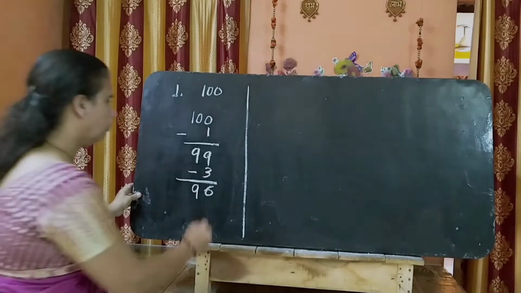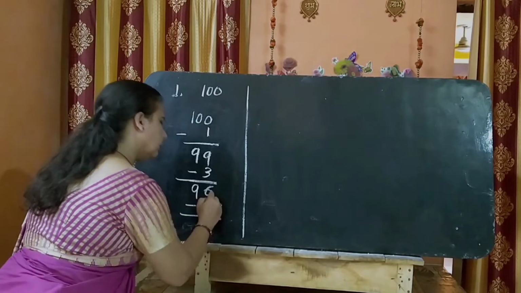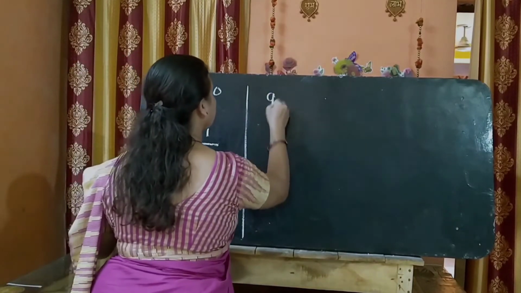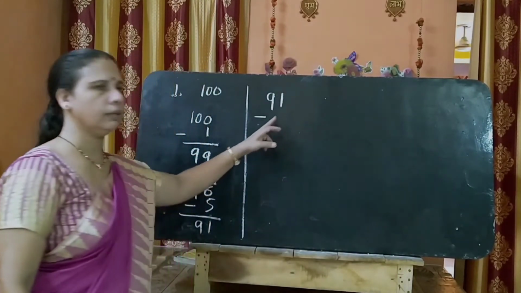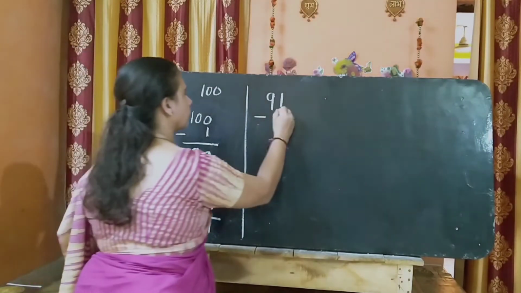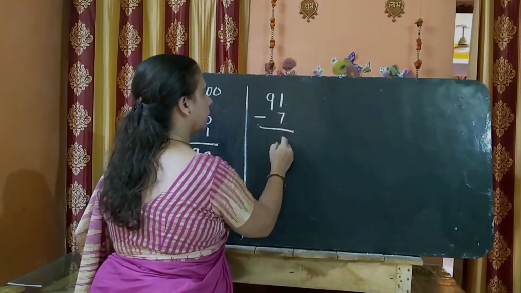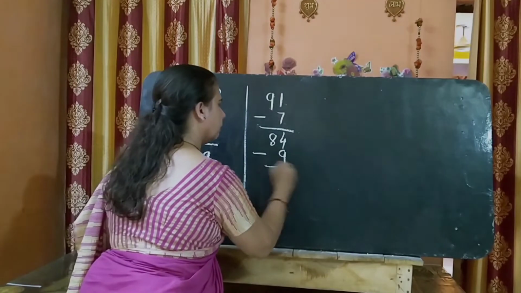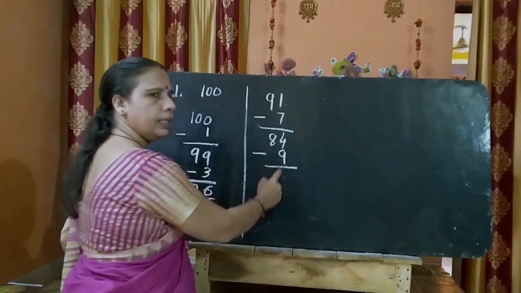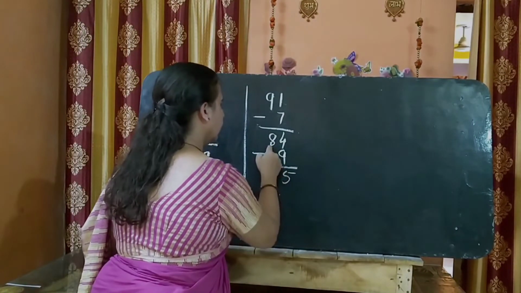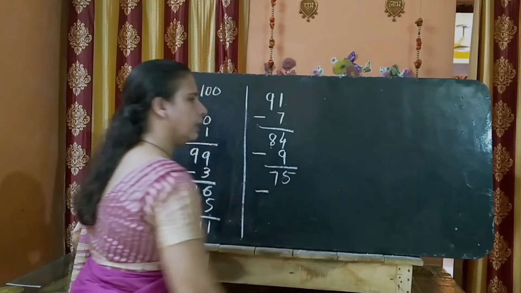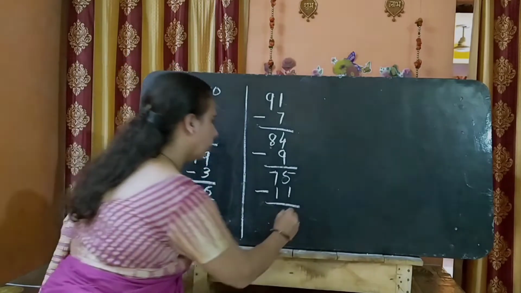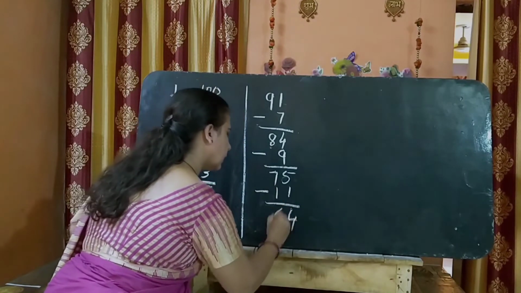Next odd number is 5. 96 minus 5, 91. Then 91 minus next odd number 7, 84. Next odd number is 9. 84 minus 9, 75. Next odd number is 11.